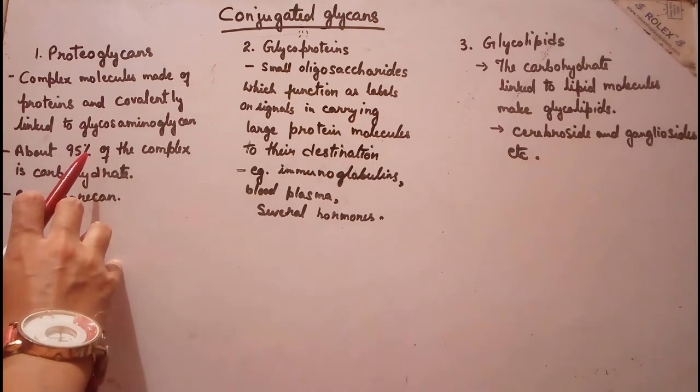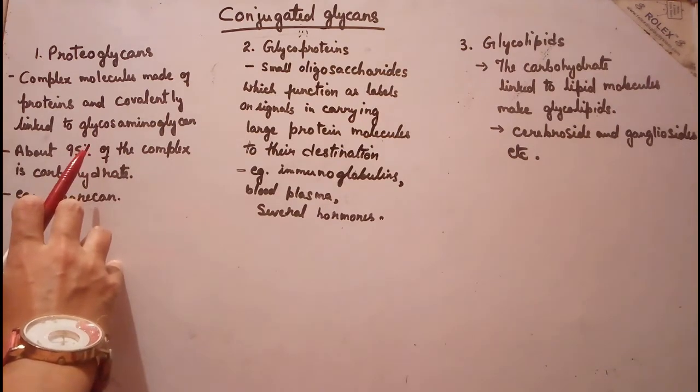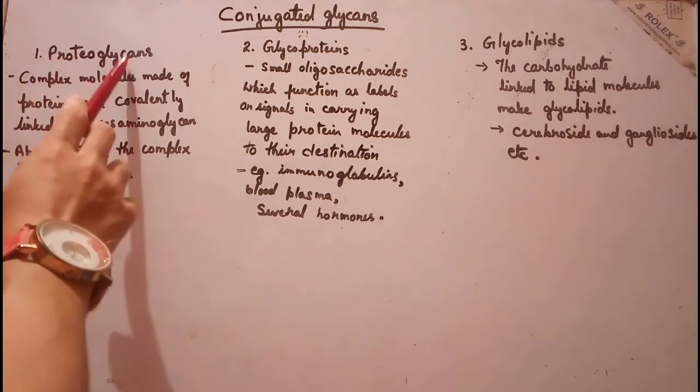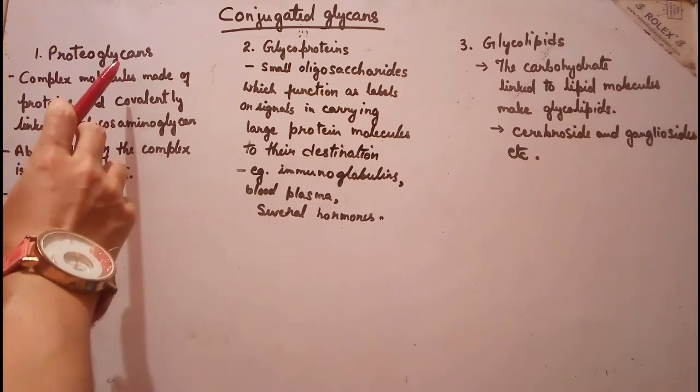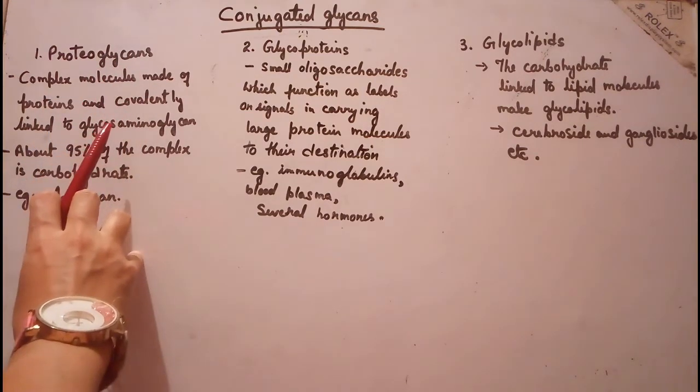The majority of the glycosaminoglycans in the body are linked to the core protein forming the proteoglycans, also known as mucopolysaccharides.